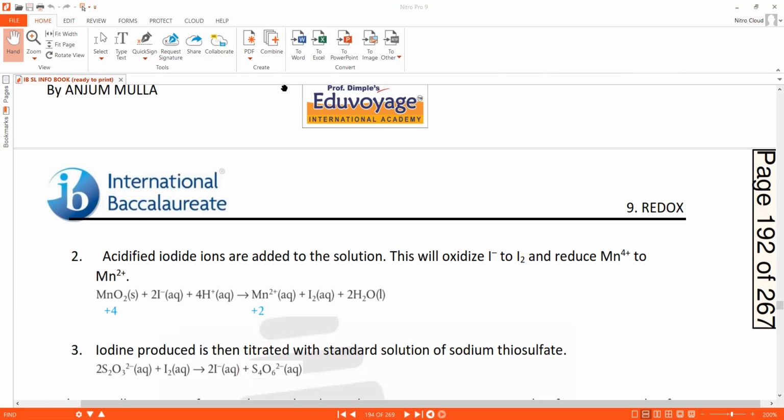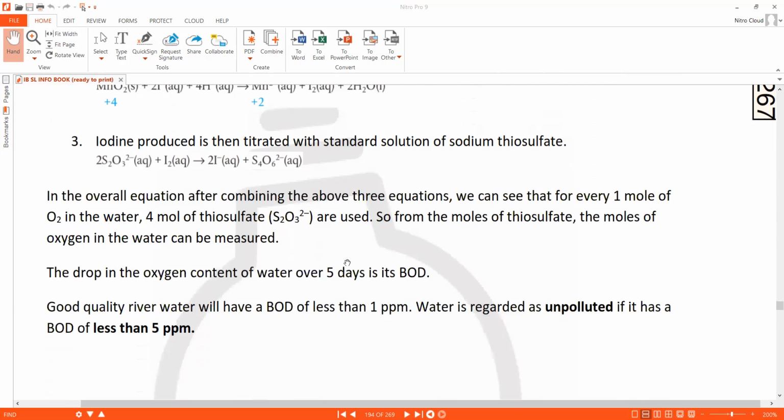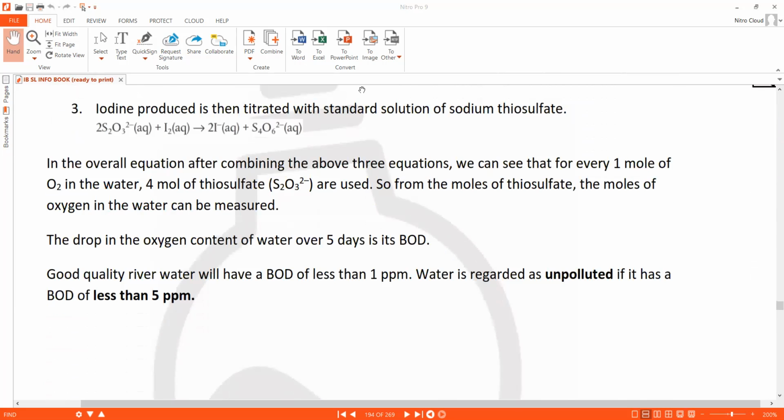Whatever answer you get here, you convert into ppm, and that is the BOD, the biological oxygen demand. Now you can also categorize or rate the quality of the water body. There are certain criteria given. For example, if it's less than 1 ppm, then the quality of the water is very good.